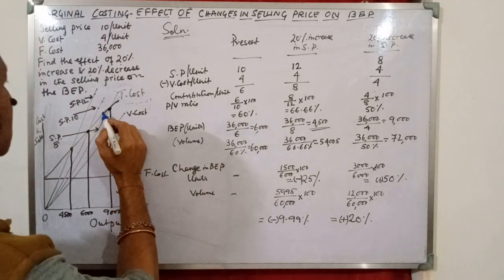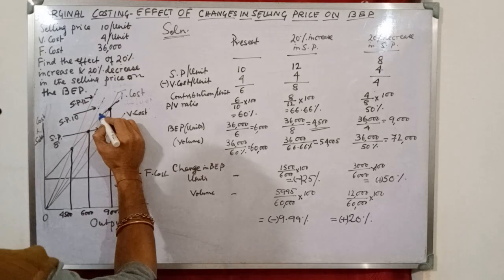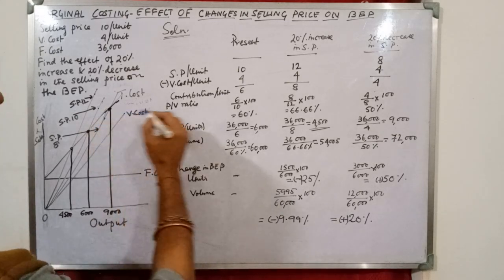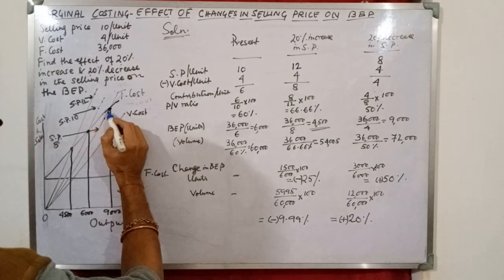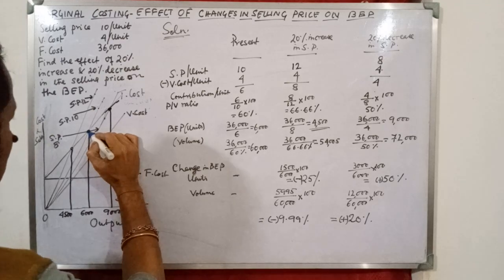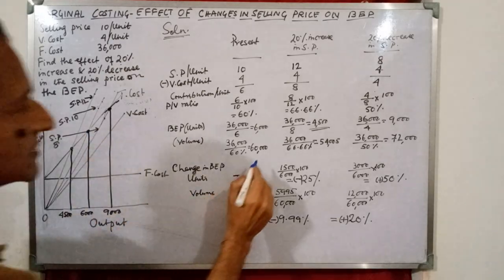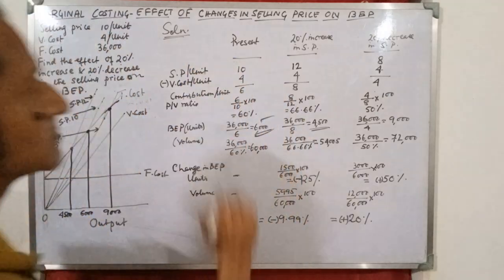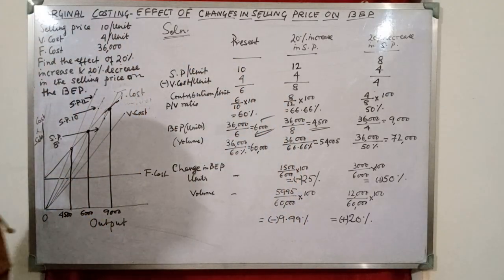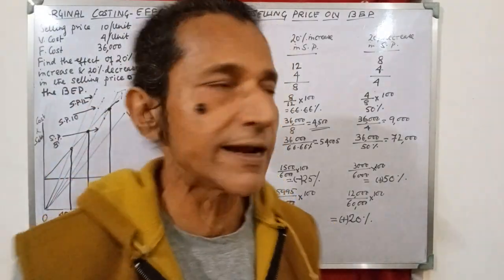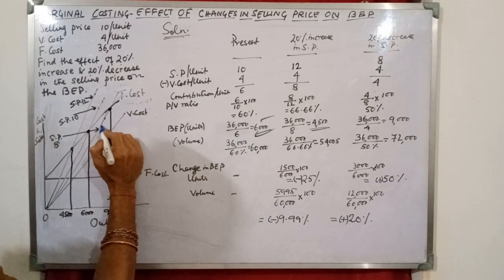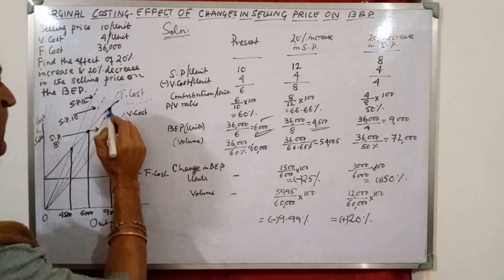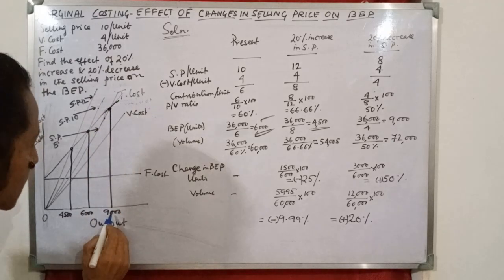And the sales line in between these two is the one which the firm is currently having, that is 10 per unit. Here the sales line and the total cost line intersect at this point. So this is the break-even point, which is 6,000. And finally, when the selling price decreases by 20% and becomes 8, this is the sales line for a selling price of 8 per unit. That sales line and total cost line intersect at this point. So the break-even point is 9,000.